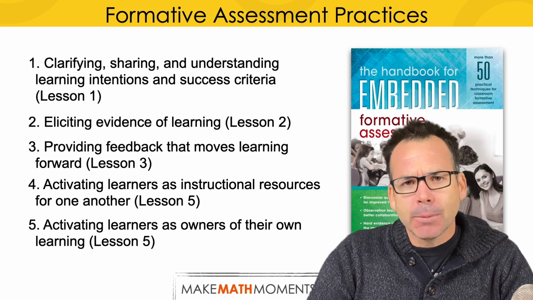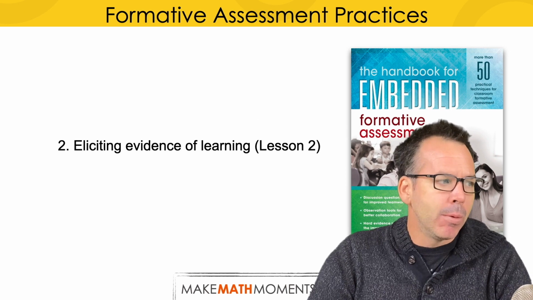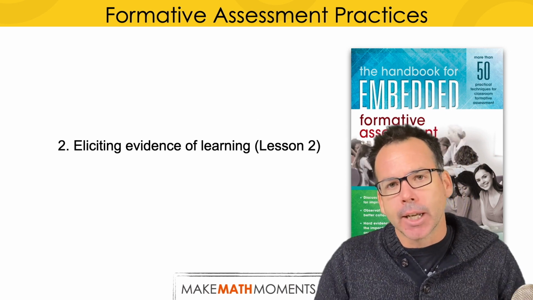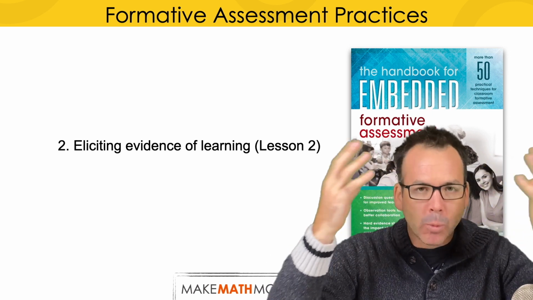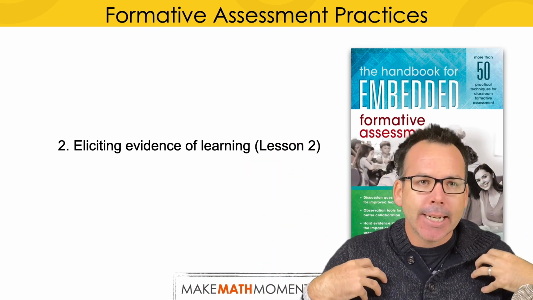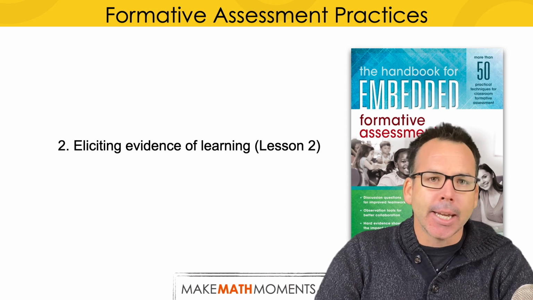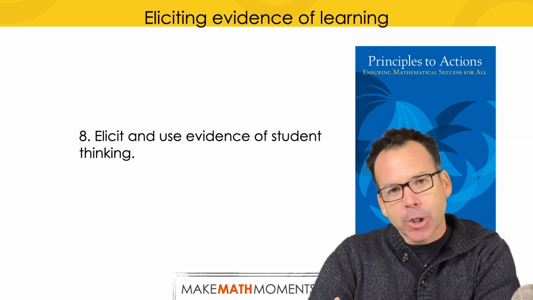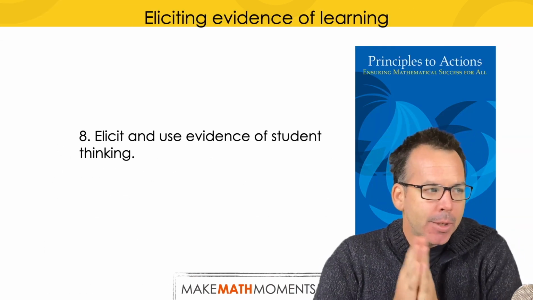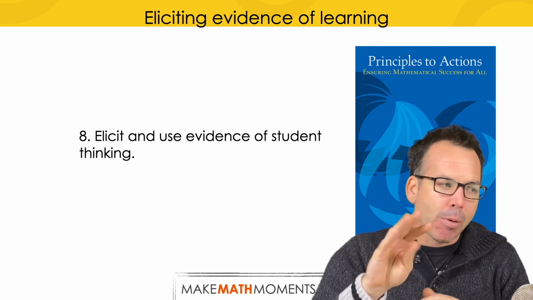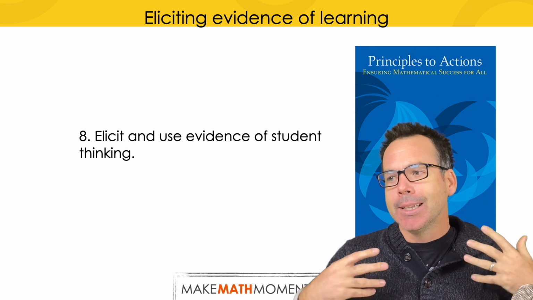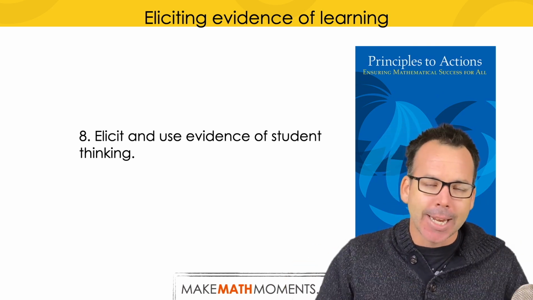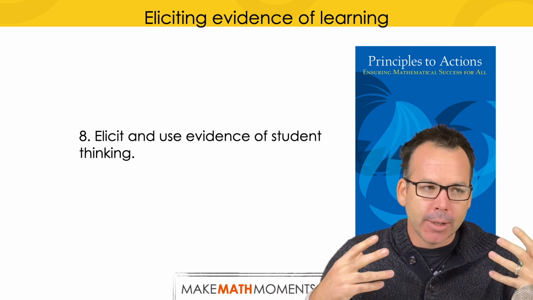In this particular lesson, we're going to talk about the second one, which is eliciting evidence of learning. How can we get information into our teacher brains? What are students learning in their class? But we're also going to add in thinking, and that's actually what the Principles to Action book from NCTM does. One of their practices, the eighth practice, is to elicit and use evidence of student thinking in your actions.